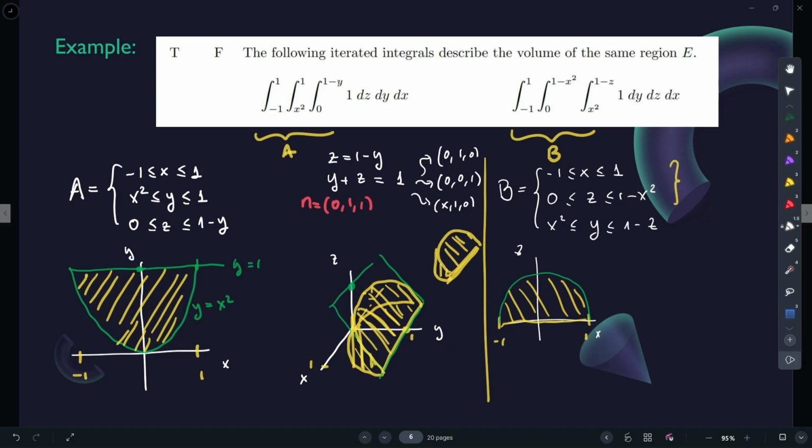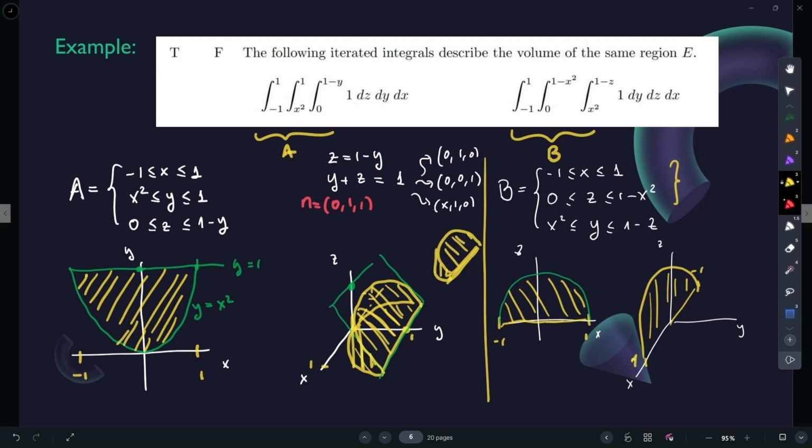So let me sketch that in 3D. Here is x, y, and z, and now the region is going from 1 to -1 in x and in the xz plane, like so. That's the projection to the xz plane.